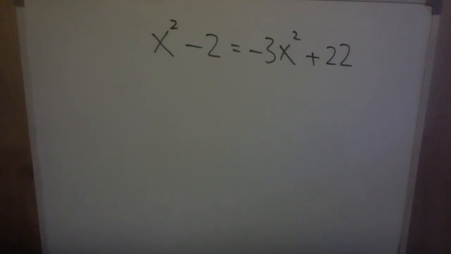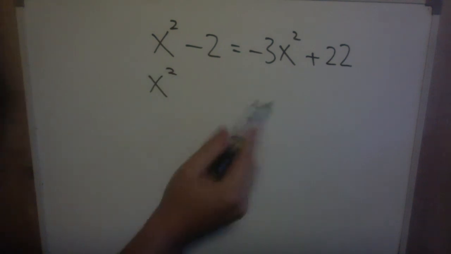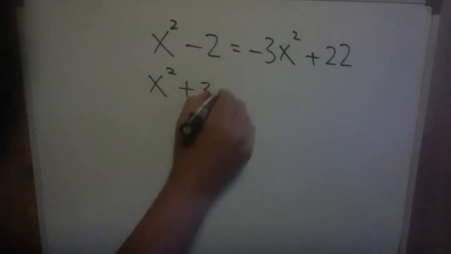Okay, here's the next problem. We have x squared minus 2 equals negative 3x squared plus 22. Like we did in the previous problem, let's get all the x's on the left-hand side and all the numbers on the right-hand side. Negative 3x squared comes to the left-hand side and becomes positive 3x squared.